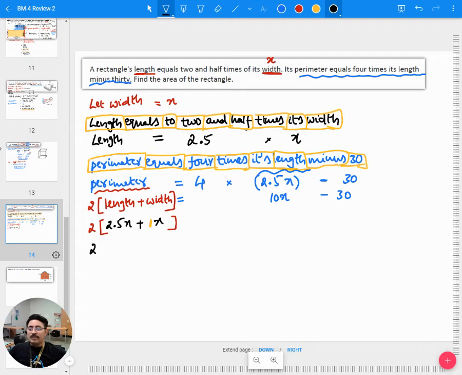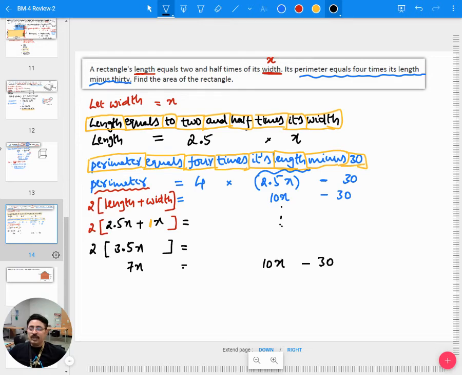So 2.5 and 1 make 3.5x. If you want, you can make use of a calculator. 2 times 3.5 gives you 7x. So at this point, let me copy this one here down, which is 10x minus 30.